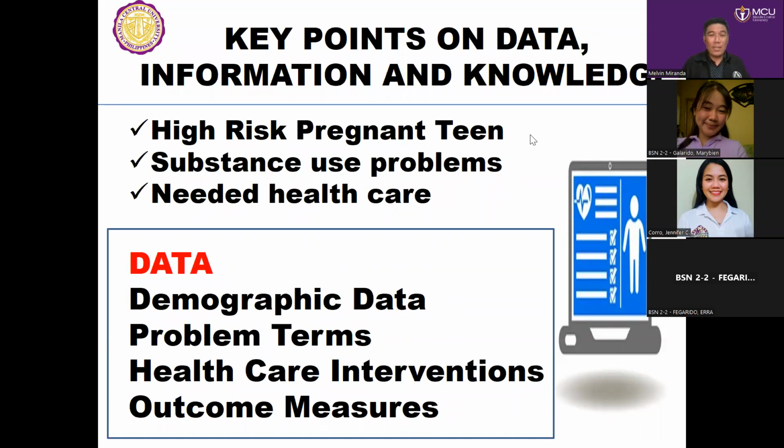I have received three responses. Okay, if, for example, the substance abuse is specific and then needed healthcare, what specific need? What specific healthcare? When you process it in your mind, that is data: what kind of healthcare is needed.